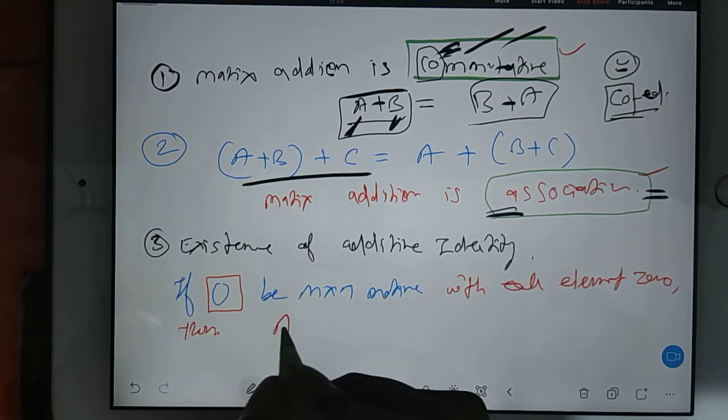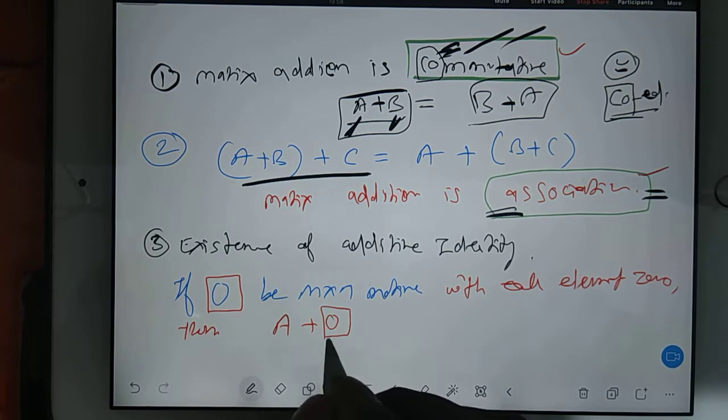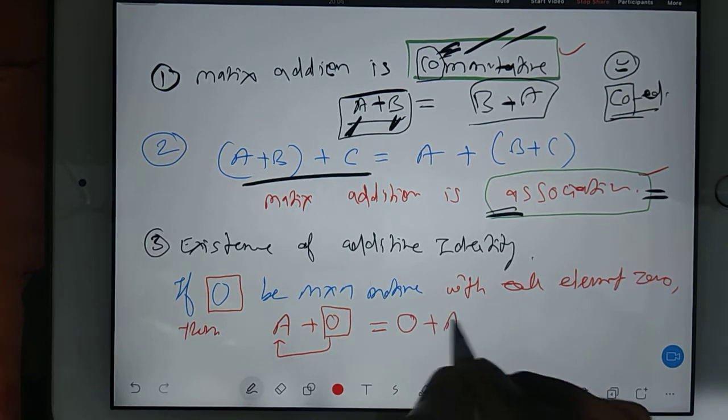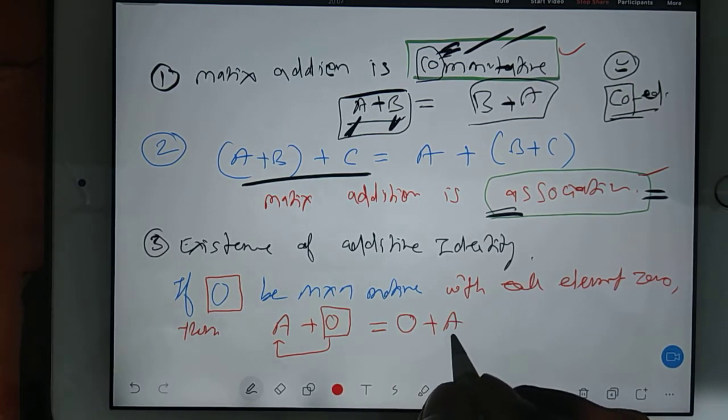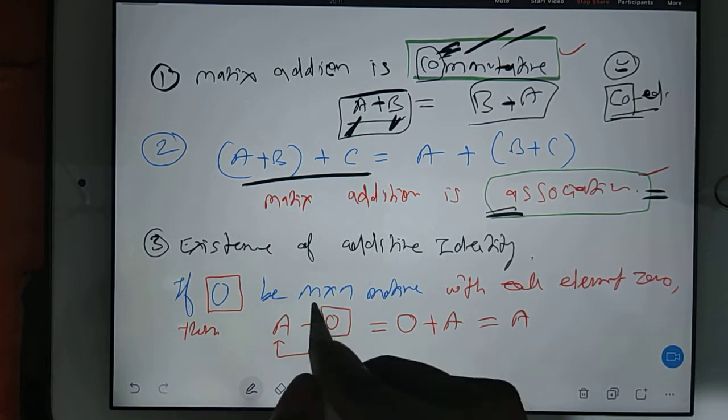Then if you are adding A plus O, the null matrix added with any matrix, it will be equal to adding in this way also. Finally you are going to get A, and the order will not change, m cross n.